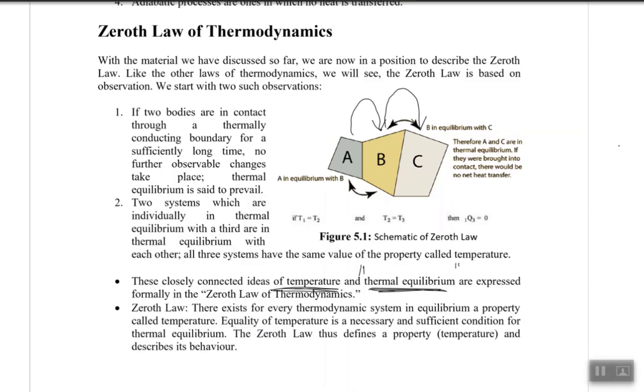So in other words, the zeroth law of thermodynamics defines two things. One, thermal equilibrium, and that thermal equilibrium is defined with a property called temperature. So in any law of thermodynamics, we would be defining some observation, and that observation would be defined with a certain property, and that property can be any property then.